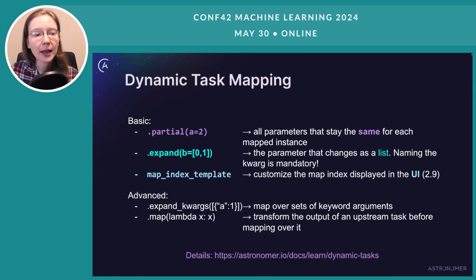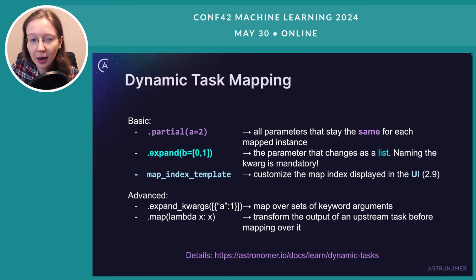So here I have another parameter called B, and I'm saying, well, B is the parameter that I want to change in between the dynamically mapped task instances. So to B, I'm giving a list of inputs, in this case 0 and 1. This will create two dynamically mapped task instances, the first one using 0 for the parameter B, and the second one using 1 for the parameter B.